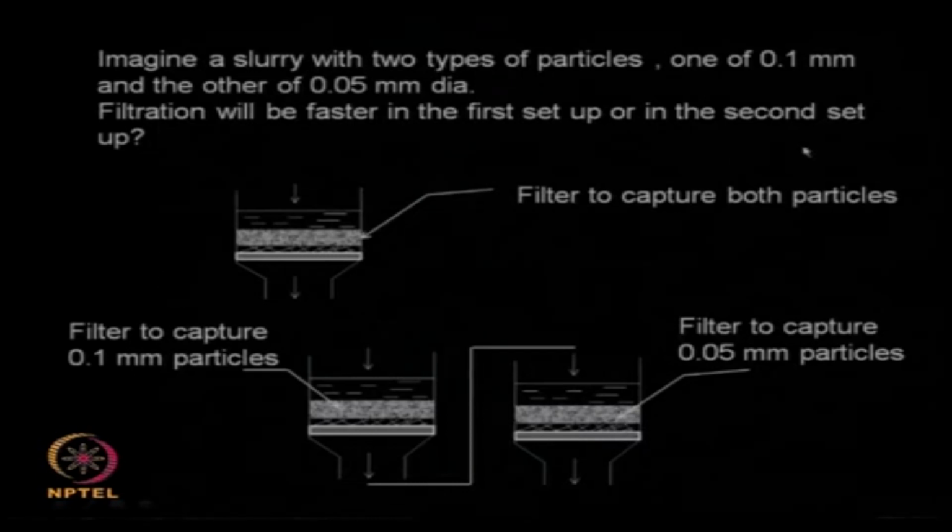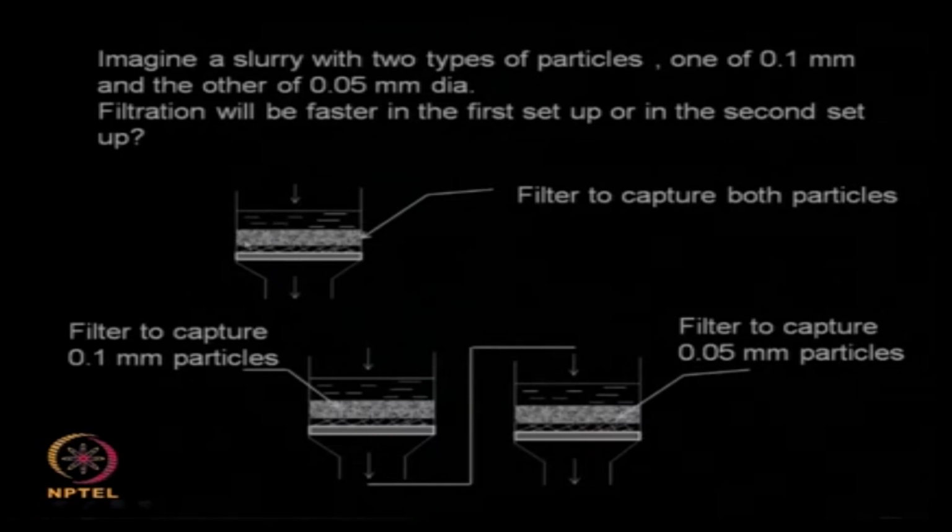So you have two systems: one where the holes are very fine, so both 0.1 mm and 0.05 mm are captured. In the other you have two filtration units, where the holes are very coarse, so only 0.1 mm is captured and 0.05 escapes, which is captured in the second filter. Now, will the filtration be faster in this or in this?